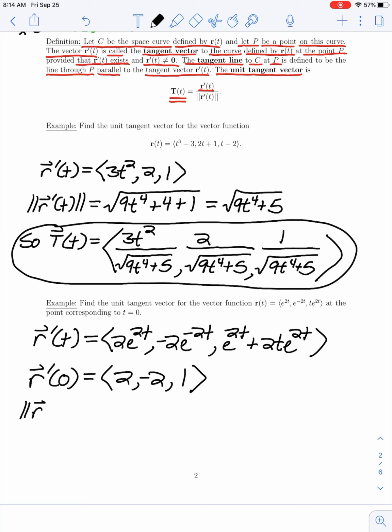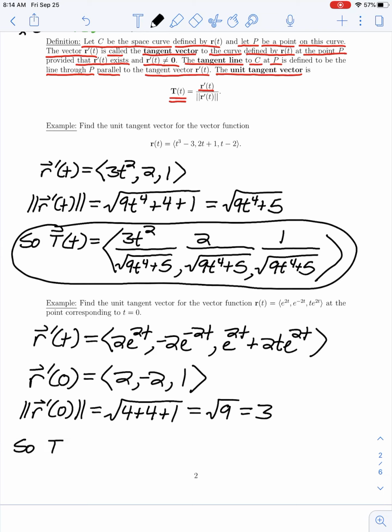So here the magnitude of r prime of 0 is given by the square root of 2 squared plus negative 2 squared plus 1 squared, which would be root 9 or 3.